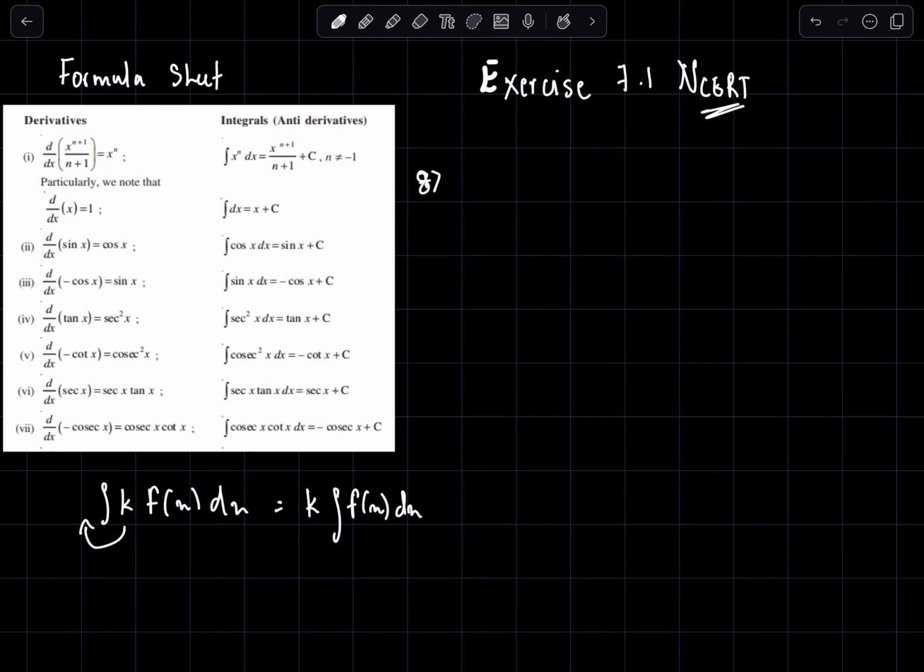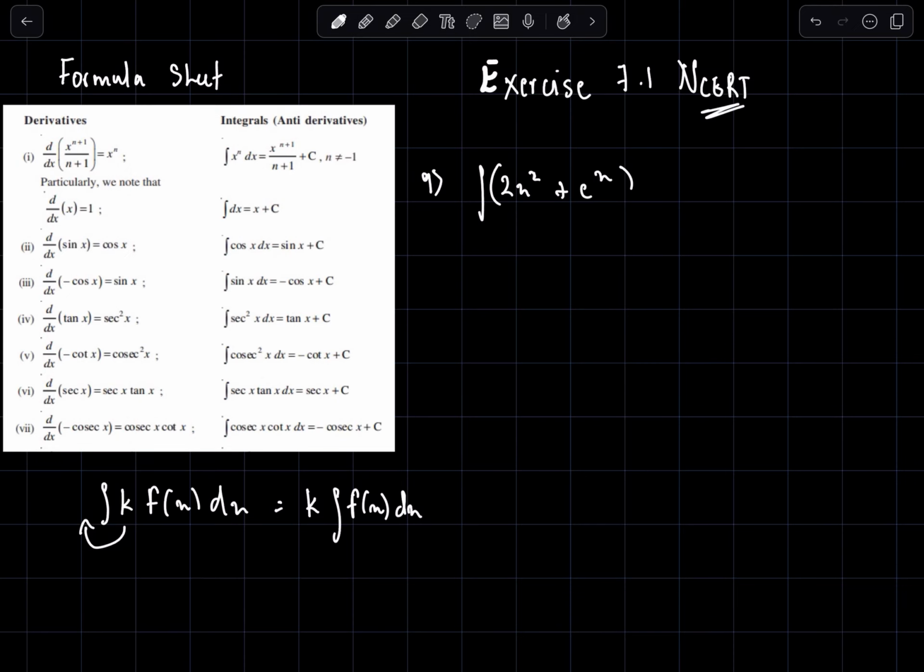Question 9 is the integral of 2x squared plus e to the power x. Correct? So, how do we solve this?